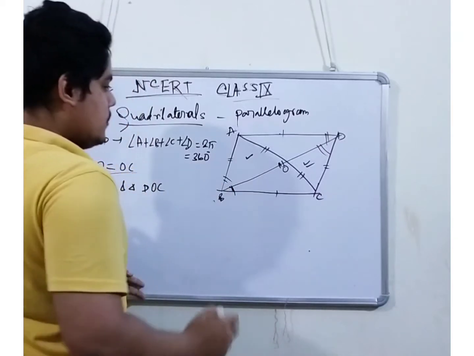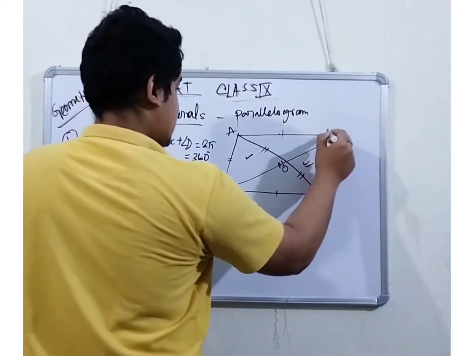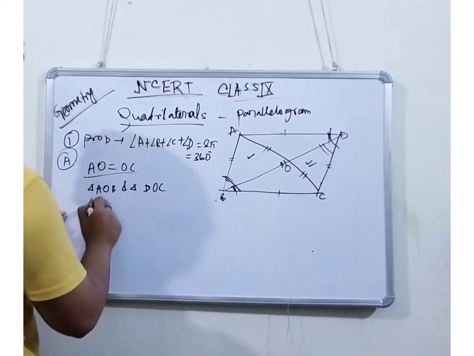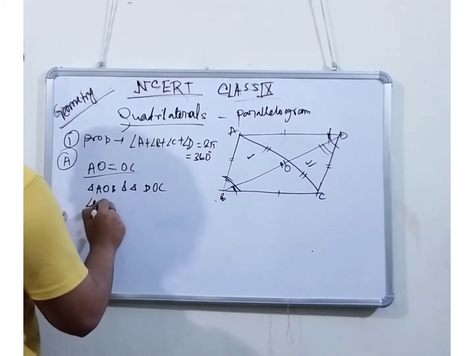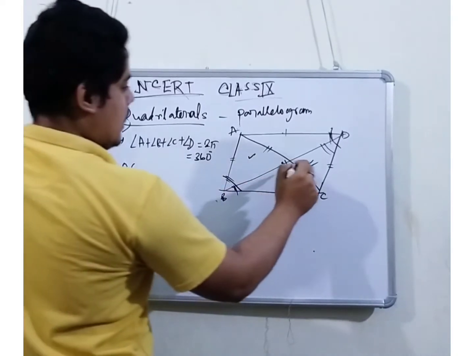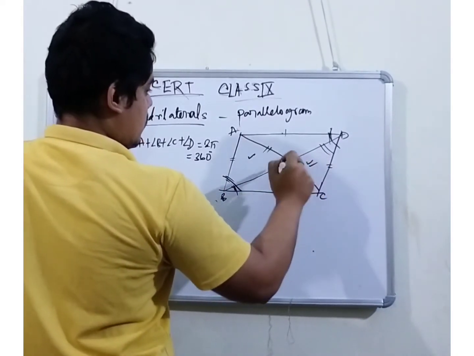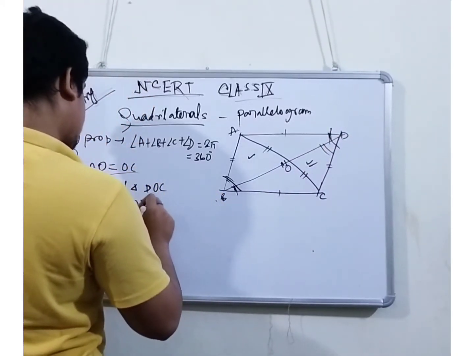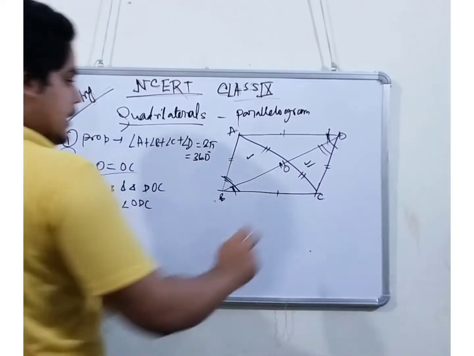This is a parallelogram, so these two angles are alternate angles, so they should be equal. So angle ABO is equal to angle ODC, or CDO.